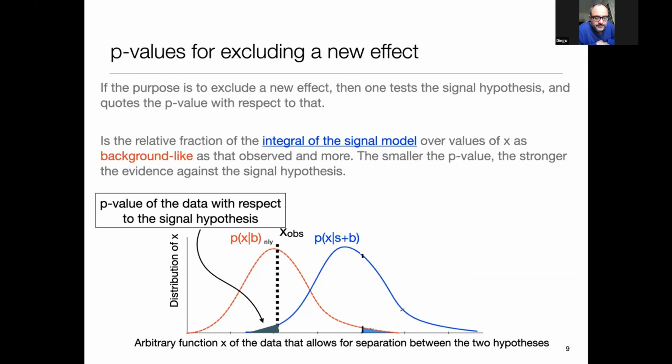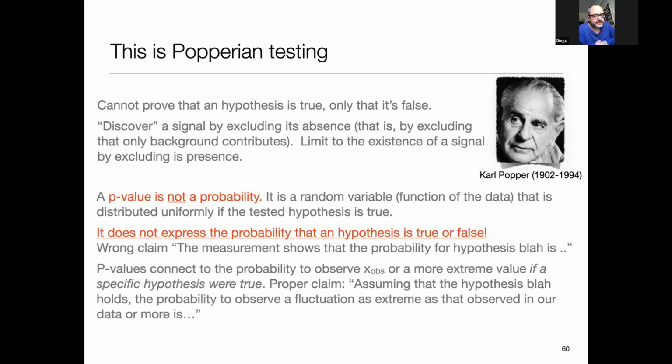The smaller the area of the tail, the stronger will be the exclusion of the signal brought by my data. Okay? So this is exactly Popperian logic. You cannot prove that a hypothesis is true, only that it is false. So you discover a signal by excluding its absence, and you limit the existence of a signal by excluding its presence, okay?